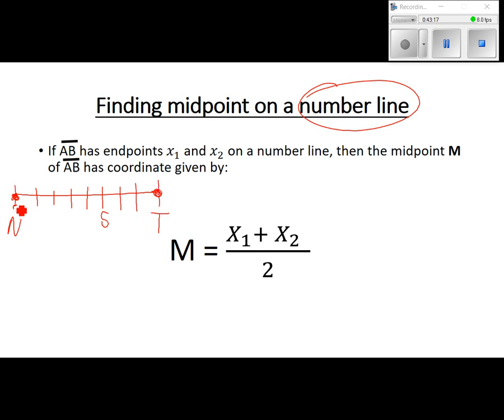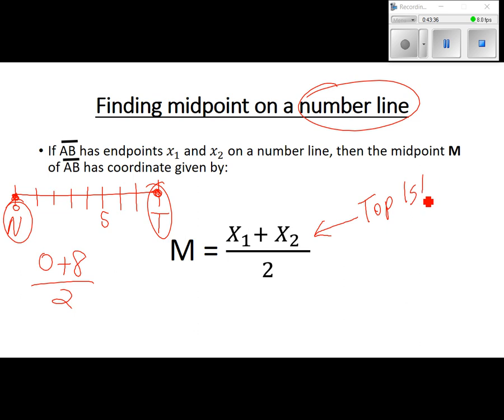All you do is take that coordinate plus that coordinate, add them together and divide by 2. Please make sure if you're doing this formula on a calculator, you've got to do the top first. You can't stick the whole thing into your calculator all as one thing. You've got to do the top first.